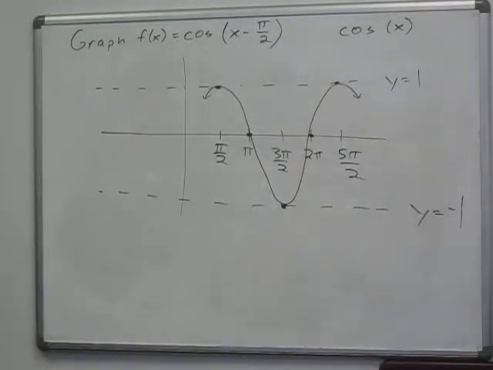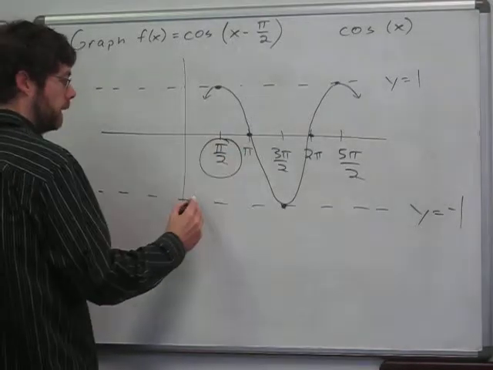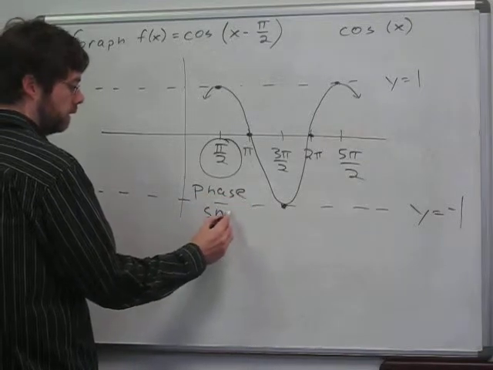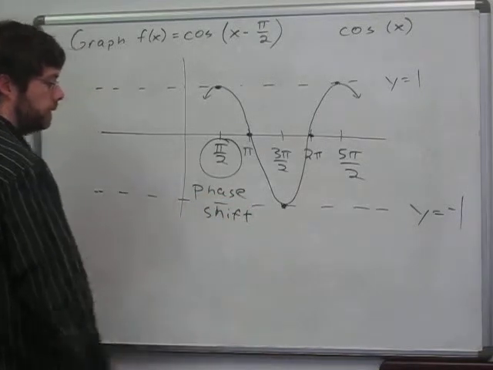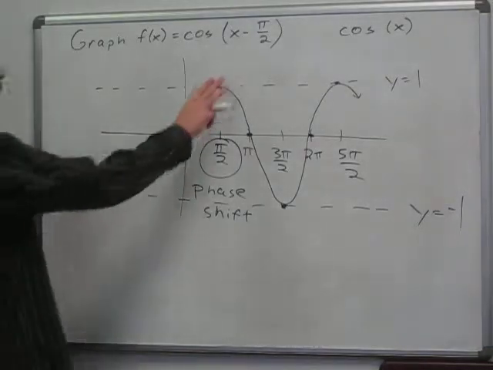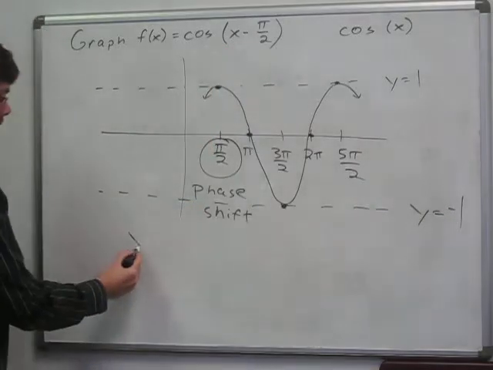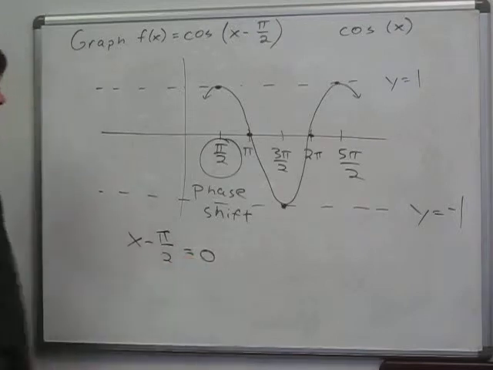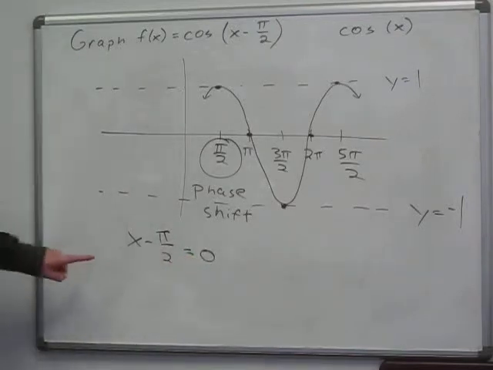Okay. So pi over 2, since this is where the first cycle begins, is what we'll call the phase shift. And a nice way to find the phase shift is to take your argument, in this case x minus pi over 2, set it equal to 0 and solve for x, right?